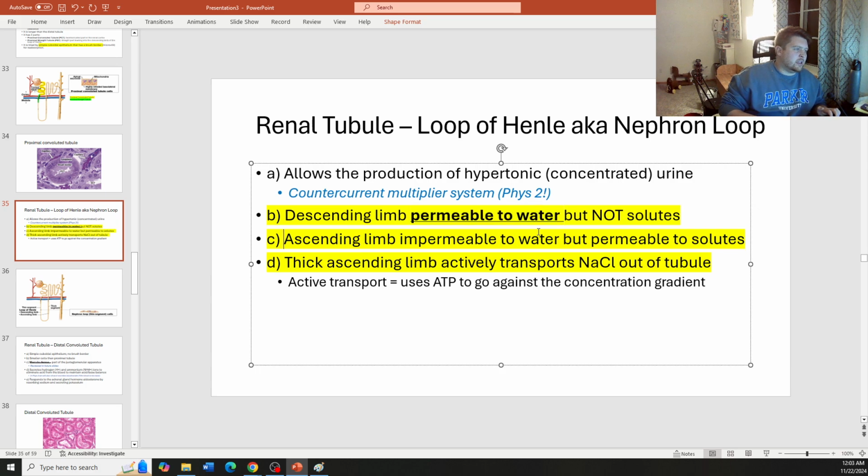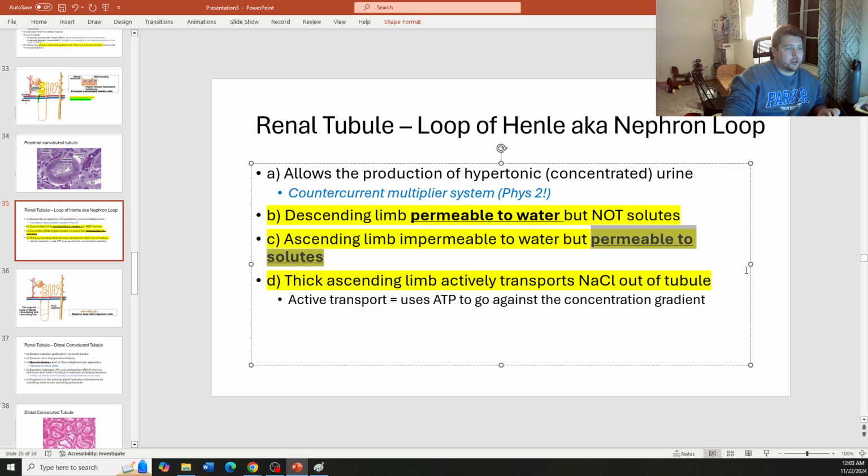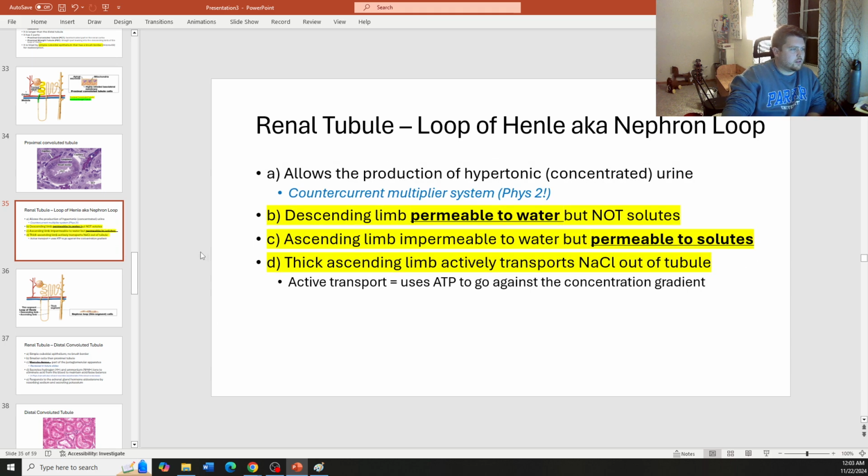The ascending limb is impermeable to water, but permeable to solutes. So in the descending limb, we're going to be pulling water out. In the ascending limb, we're going to be doing some fine tuning, putting in or putting out specific solutes to make sure that we're getting the right concentrations in the urine and keeping what we need.